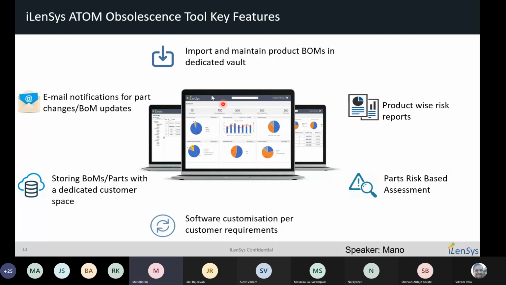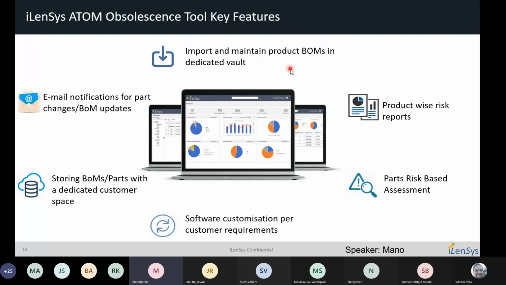As I mentioned in the introduction slide, obsolescence is one of our solution areas, and we have a software product to support our overall solution for addressing obsolescence challenges for our customers. We call our product Atom. In the Atom software, in the obsolescence module, you can import your product bill of material.